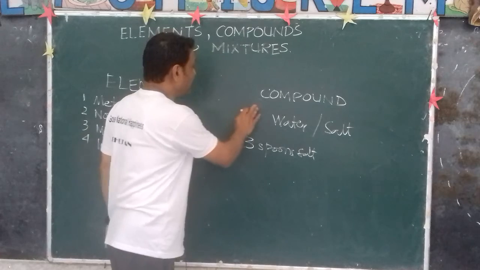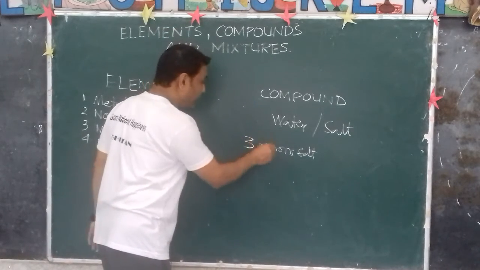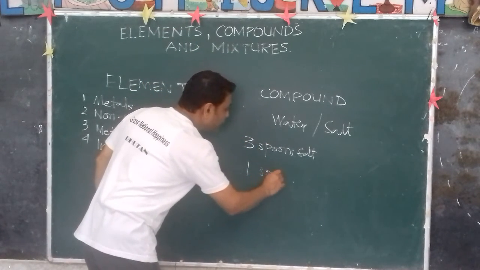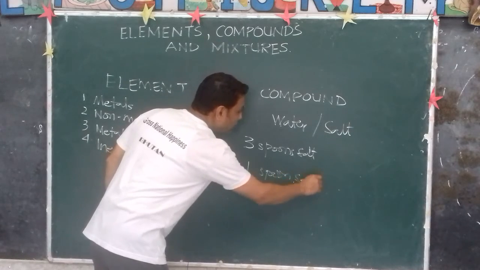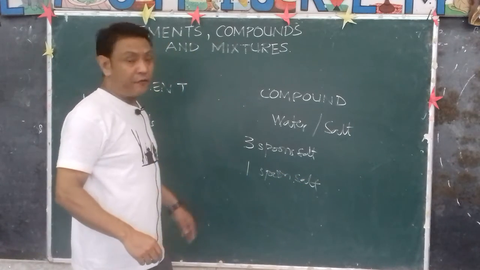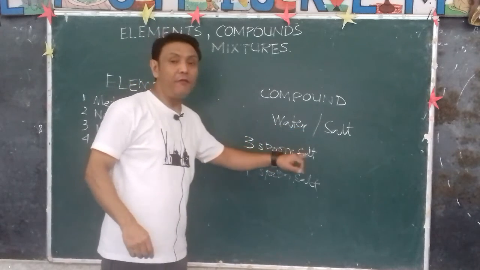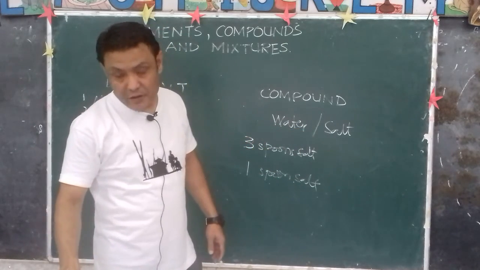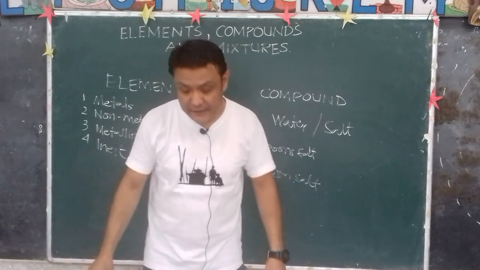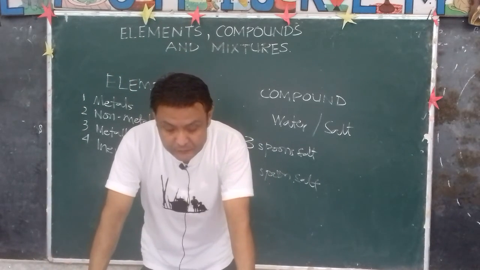The boiling point of the mixture having 1 spoon of salt will be different from the mixture of water and salt having 3 spoonfuls of salt. So the properties of a mixture are not the same anyway.